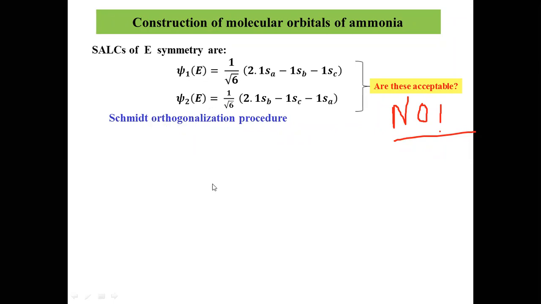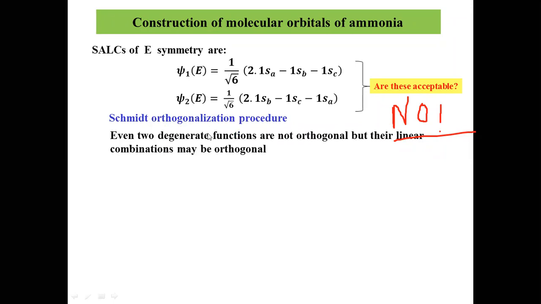Now, what does this theorem, the Schmidt orthogonalization, actually say? If we have two degenerate functions, they may not be orthogonal, but if we take their linear combinations in a proper way, those functions may be orthogonal. Let me discuss this a little bit.